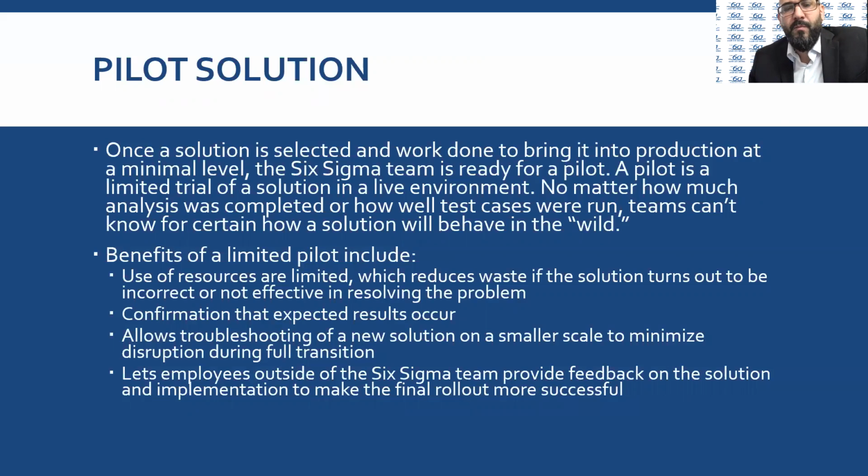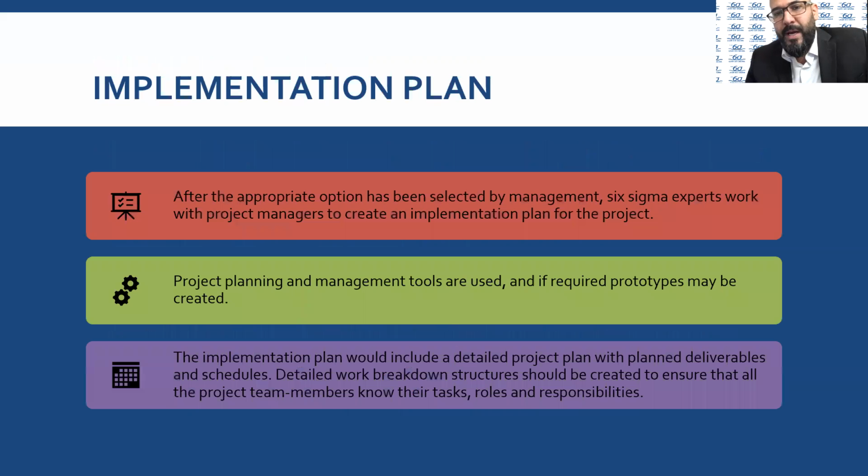So it's really important to involve not only the team, but also other people in the company to provide their feedback. Now, in terms of the implementation plan, which is one of the outputs of the improve phase: after selecting options, the Six Sigma expert works with a project manager to create an implementation plan for the project.